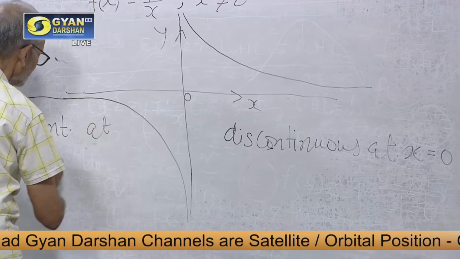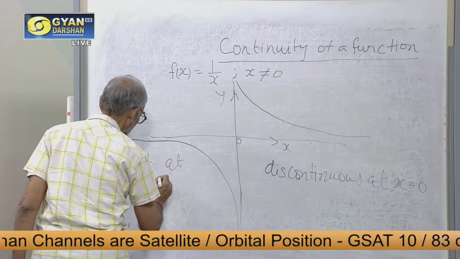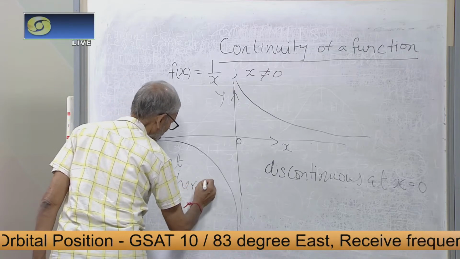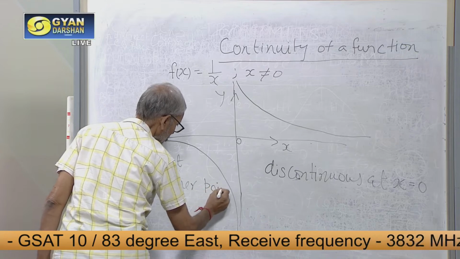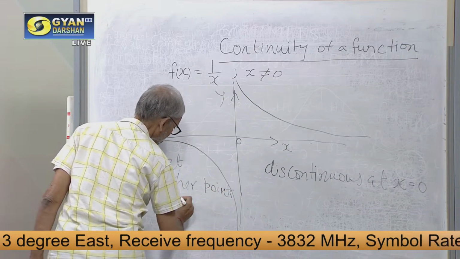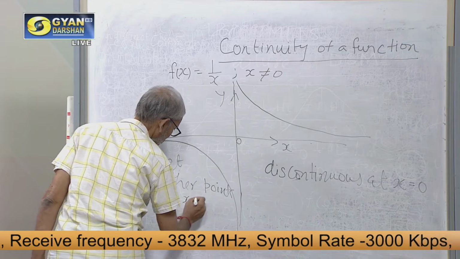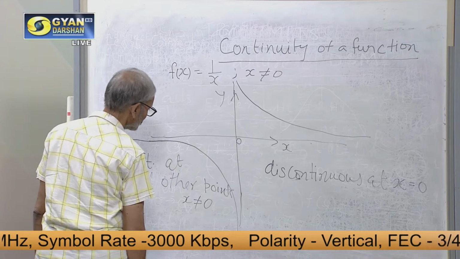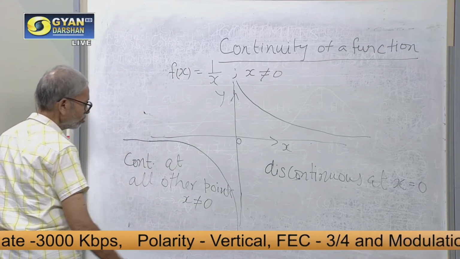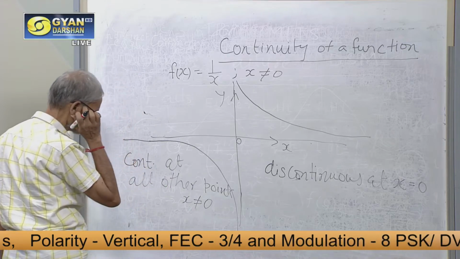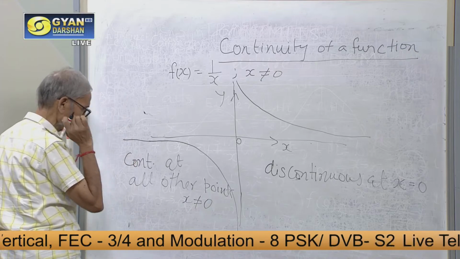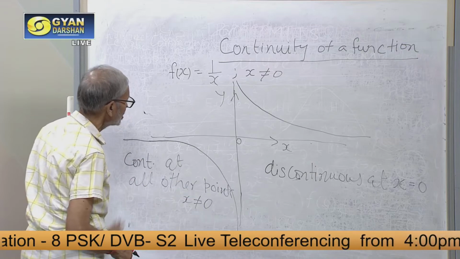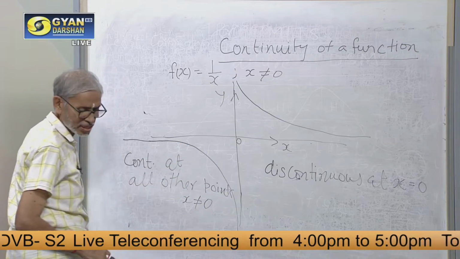Continuous at all other points when x is not equal to 0. So, only at x is equal to 0, if you exclude this point, otherwise this function is continuous.